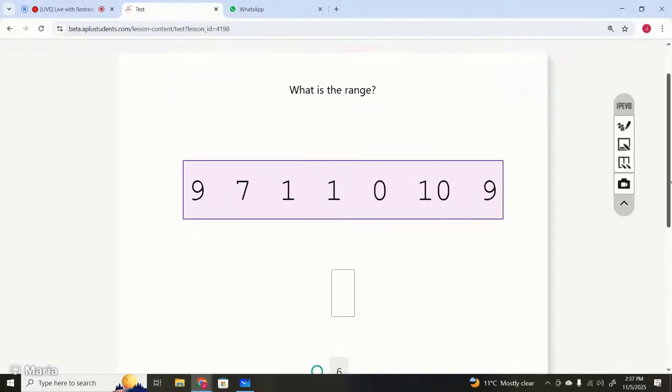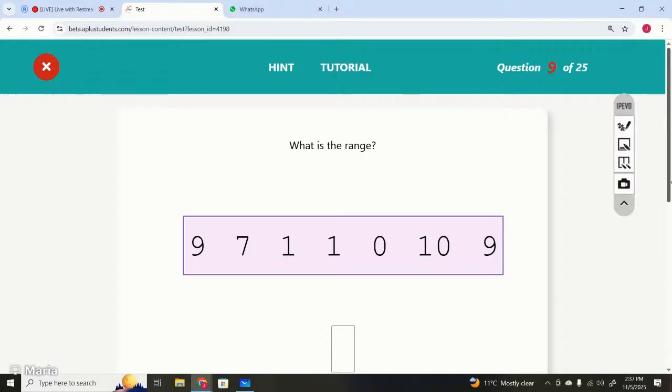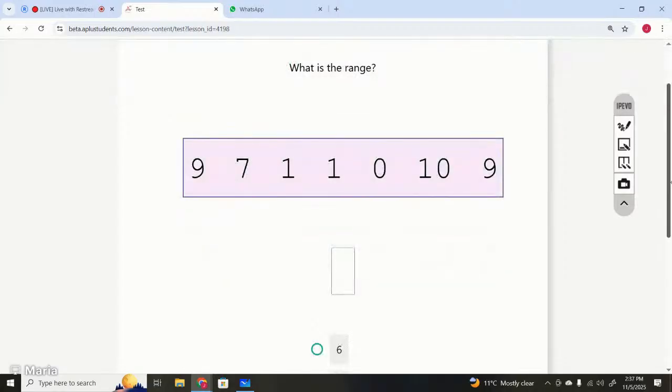What is the range? Range is the difference between the least and the greatest number. That is 9 minus 0. Very good. 9 it is.